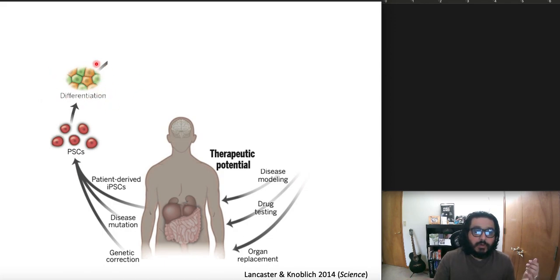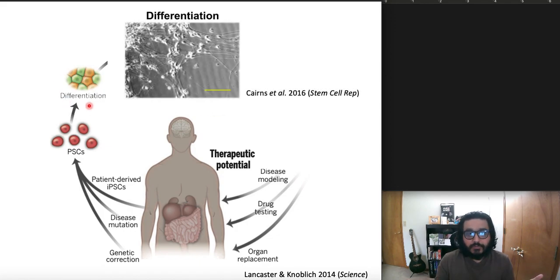This is what we call a 2D model, because if we differentiate them in culture, you get these nice examples of cells with long processes, a combination of dendrites and axons, and they form connections and synapses to each other.